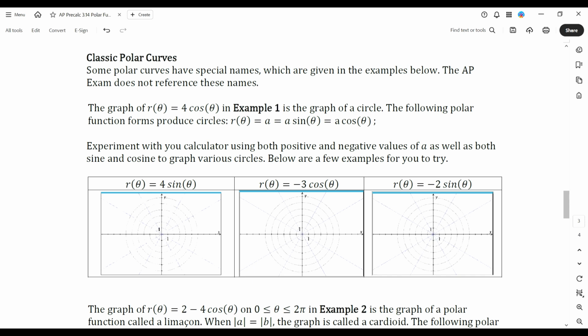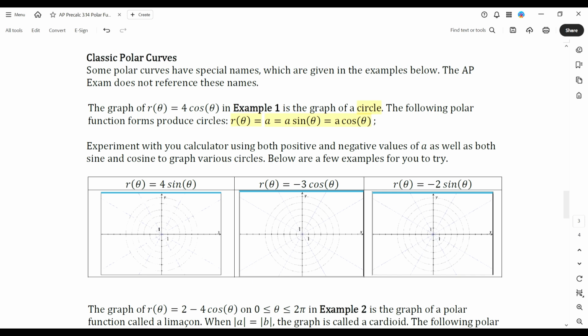All right, so all of these polar curves, all these polar functions, they have different names. Example 1 was a circle. We recognized that yesterday. So all of your circles, I'm going to do a highlighter, are going to look like this. They're going to be r of theta equals either a, I think if it was r equals a, that would just be a circle centered around the origin.